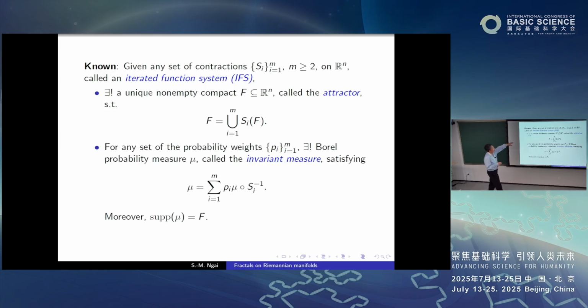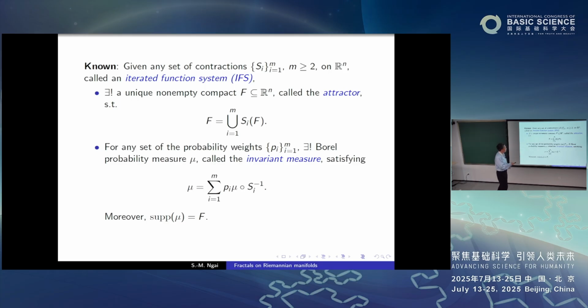If the contractions are similitudes, then we call F a self-similar set. If the contractions are conformal mappings, then we say F is a self-conformal set. Besides generating a fractal set, we can use an iterated function system along with a set of probability weights to generate a measure supported on the fractal set.